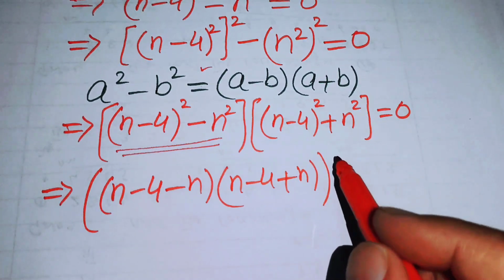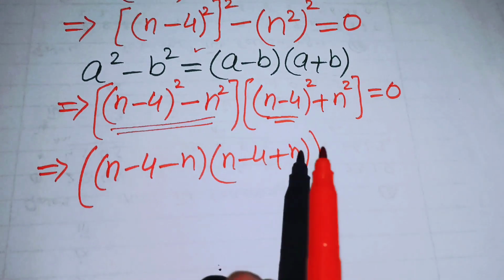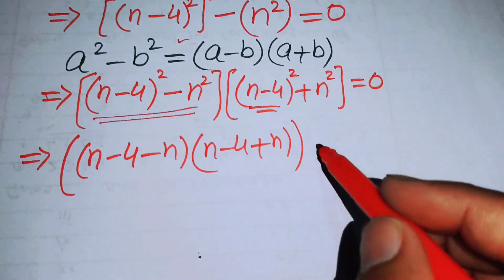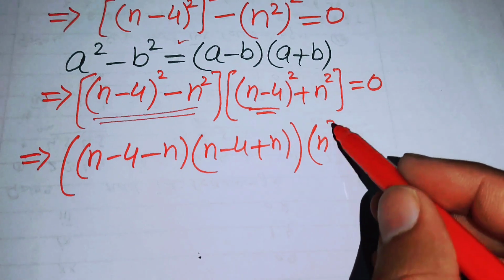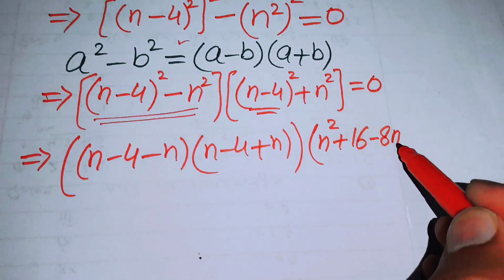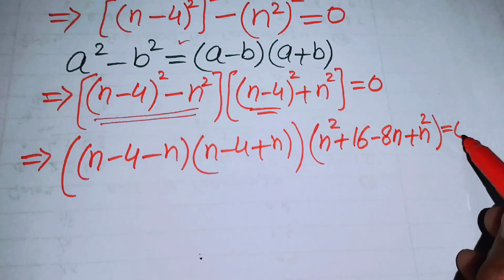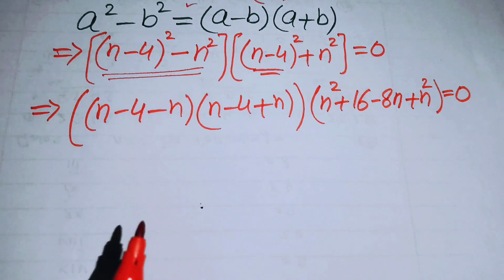And similarly you will open this whole square, and you will get its output in the form of n square plus 16 minus 8n plus n square, and this whole equation is equal to 0.